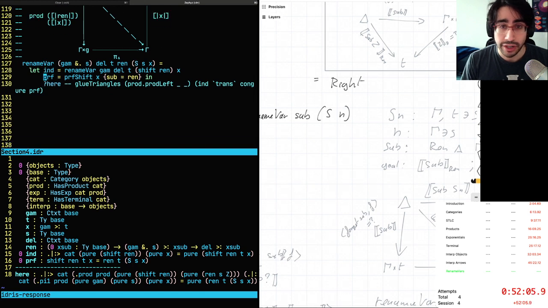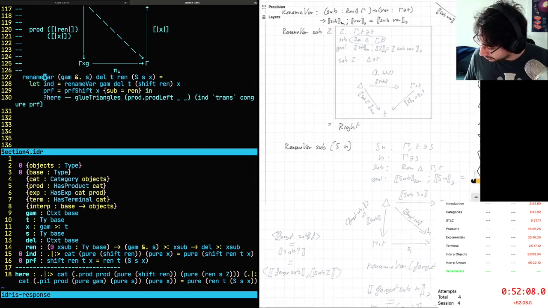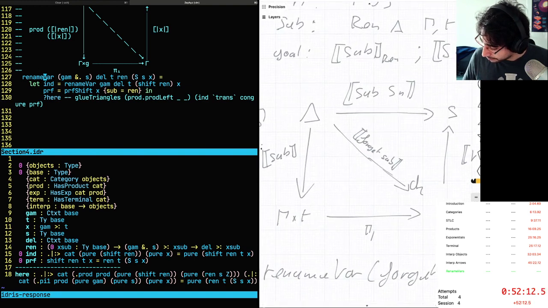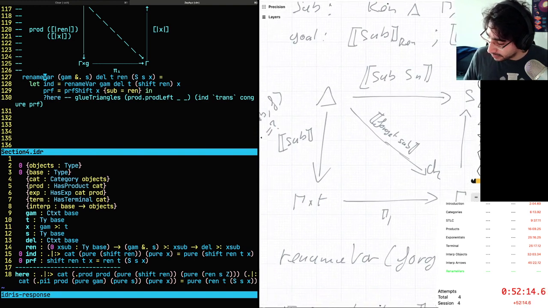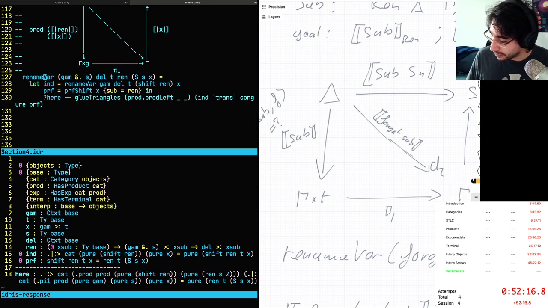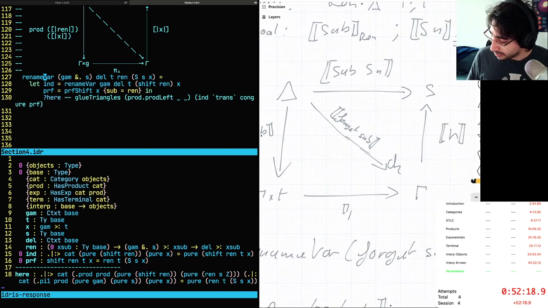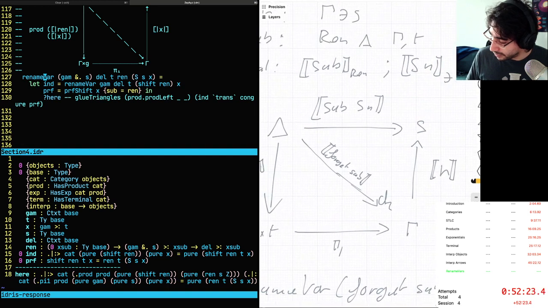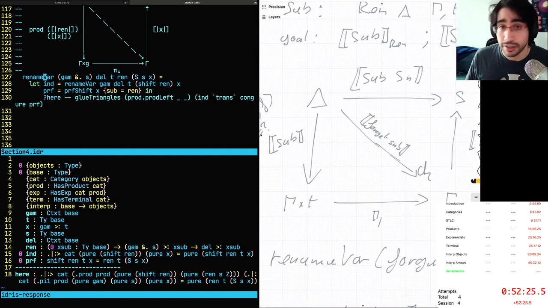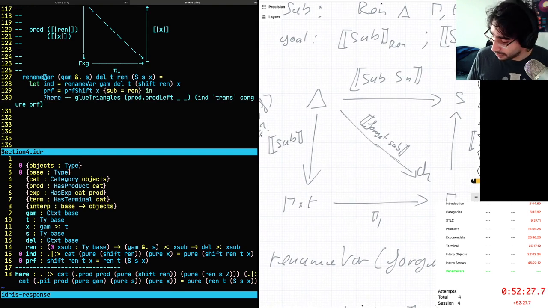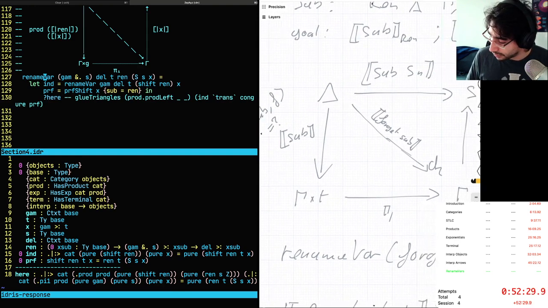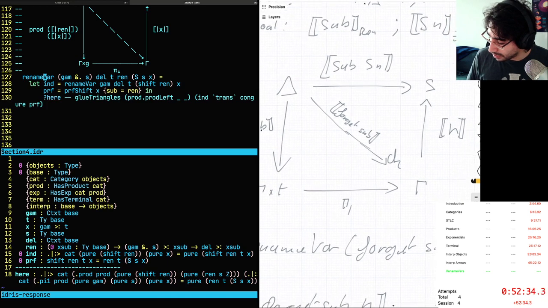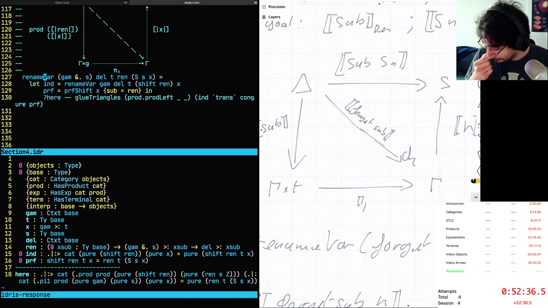So this big triangle, if we rewrite this here, what this is stating, and again, I flip things around a little bit. But what this is stating, wait, I'm confusing myself now. So this is sub, this is this, and yes.